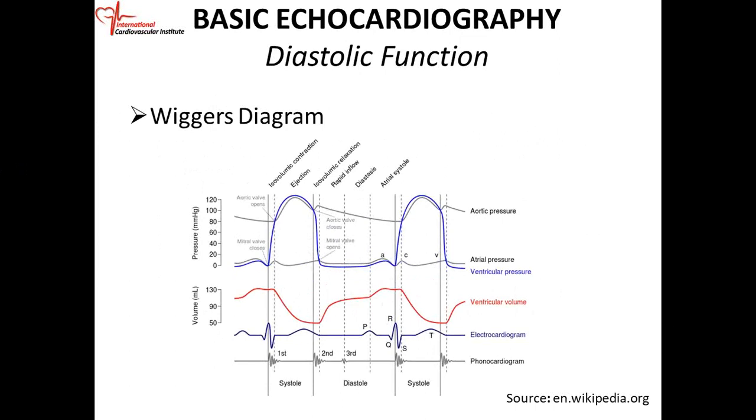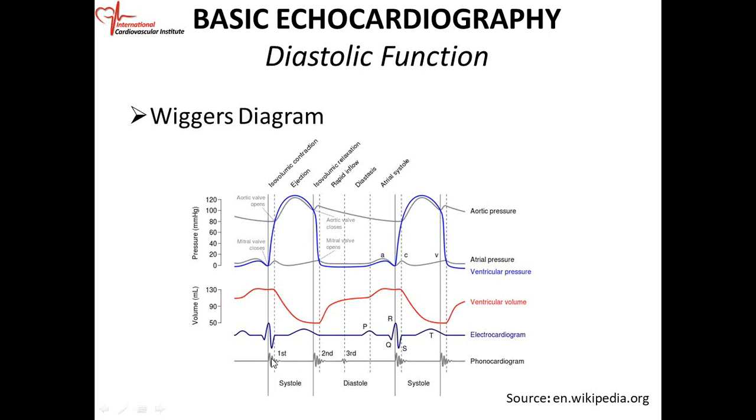So this is a Wiggers diagram, and those of you who are doing exams, they love the Wiggers diagram. It basically combines a lot of stuff. This is your phonocardiogram, so this is what you would listen to. You have S1, which denotes the closure of the mitral valve, and S2, which denotes closure of the aortic valve.